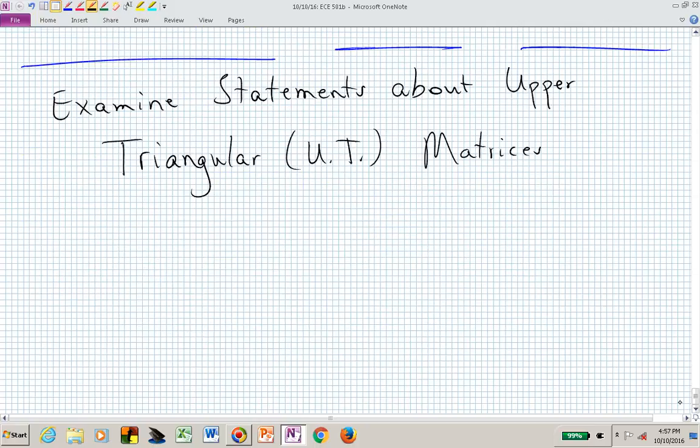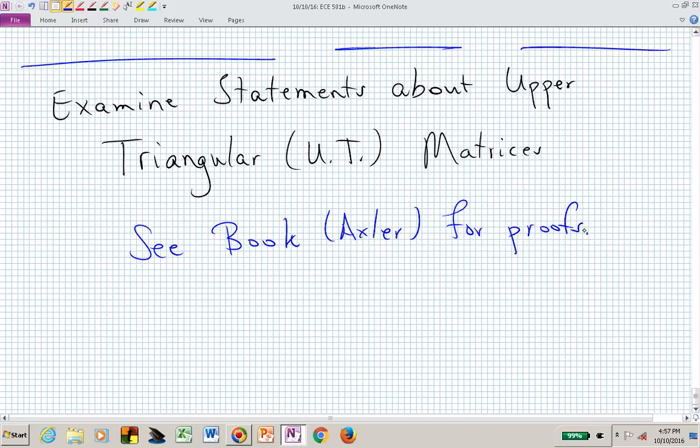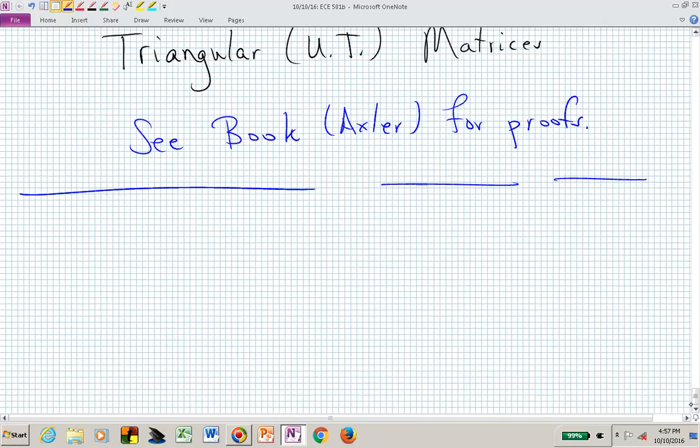And we may not have time to go through the proofs, so I will refer you to the book by Axler for the proofs. Theorem 27.